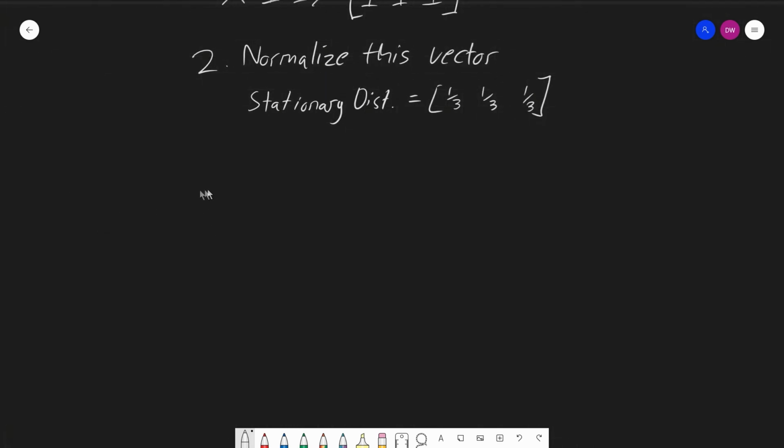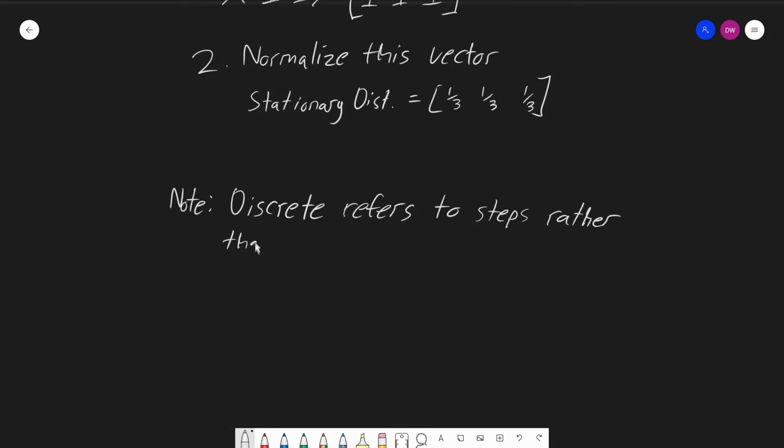As a note, discrete refers to the number of steps, rather than periods of time in which steps are distributed.